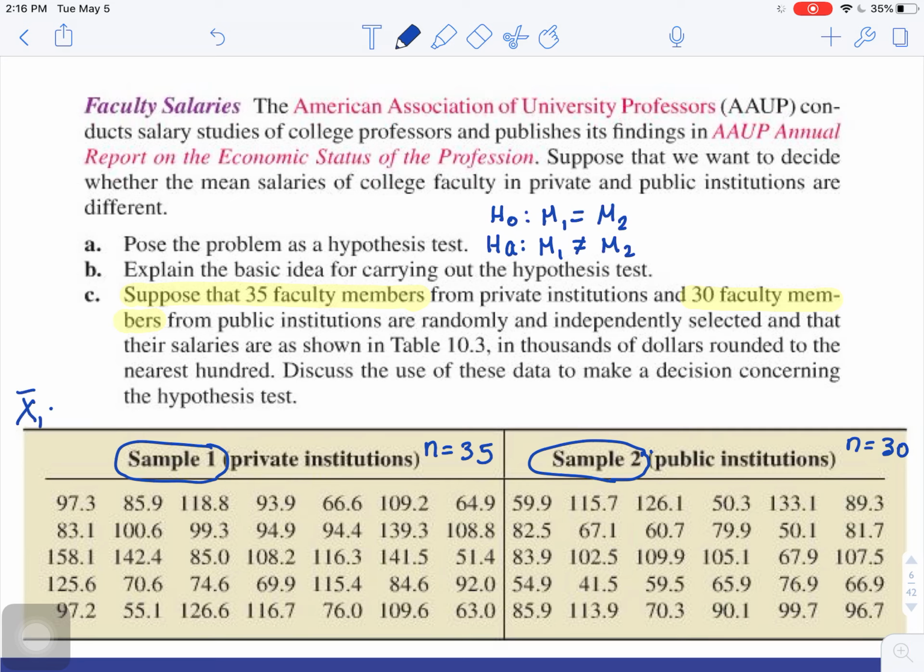Our mean for the first sample is going to be 98.19. And keep in mind, this is in thousands. And our mean for sample number 2 is going to equal 83.18.